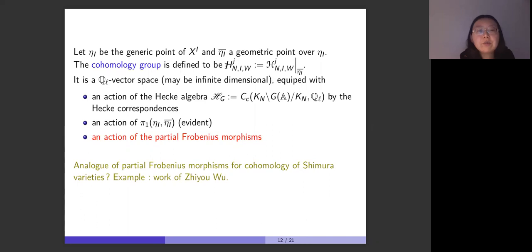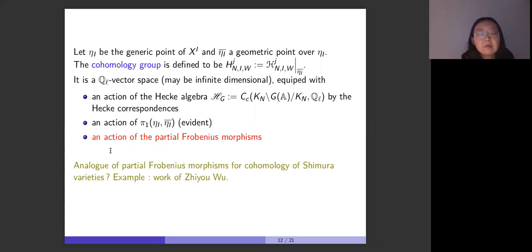The cohomology group is equipped with the following actions. First we have an action of the Hecke algebra, by the Hecke correspondence. It's like the Hecke correspondence for the Shimura varieties. And then we have an action of pi 1 of the I-th copy of the curve, because it's a geometric generic fiber.